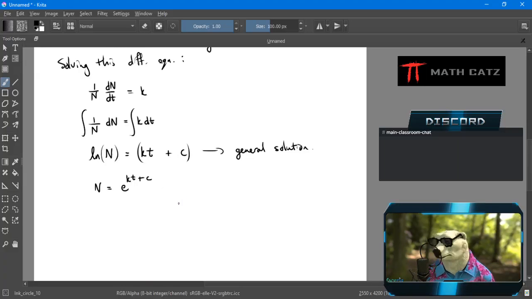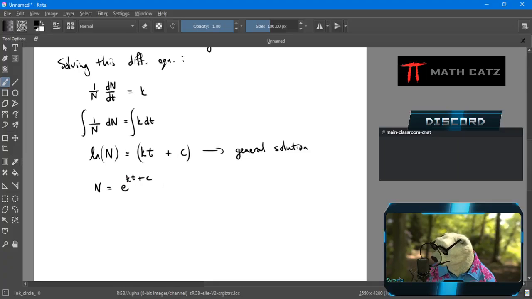So it's very important to understand what these constants are.